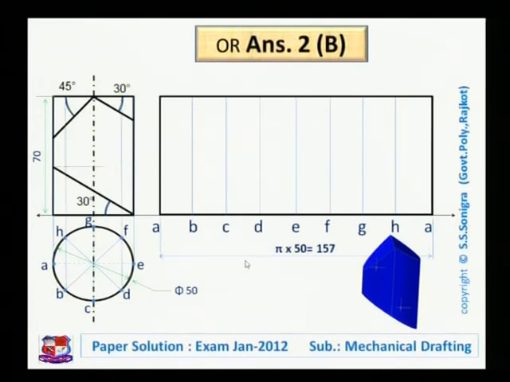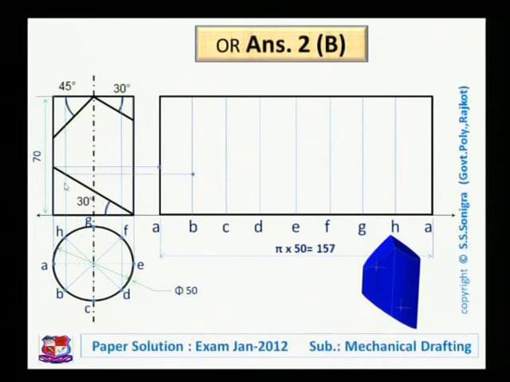Now to draw further, let me start from here, from this point. In the front view, let me start from A. A is here. Here is the cutting line which cuts the generator from point A at this point. So from this point, draw a horizontal line that will cut the vertical line from point A at this point.